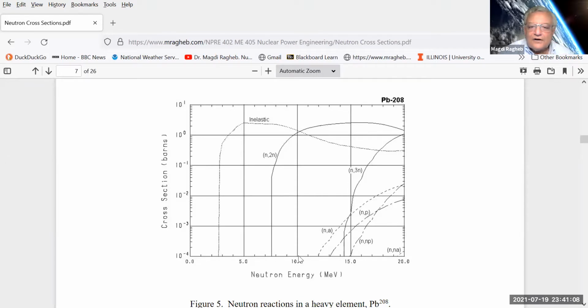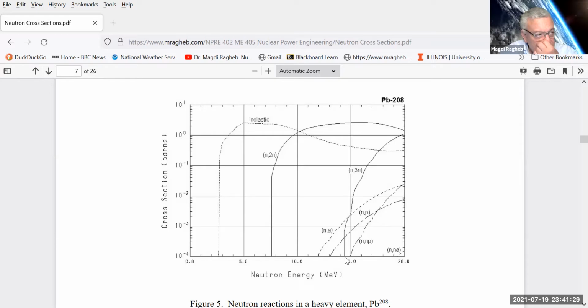For neutrons in the range of 7 to 8 million electron volts, you are multiplying the number of neutrons in lead. And you can even get an (n,3n) reaction with neutrons within the range, say, of 15 million electron volts.